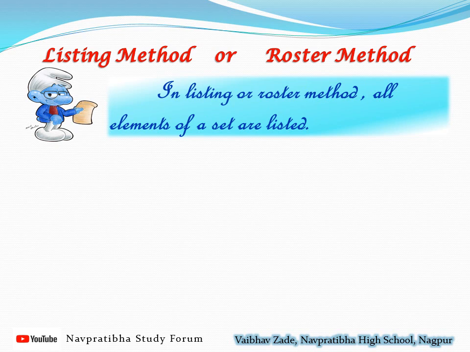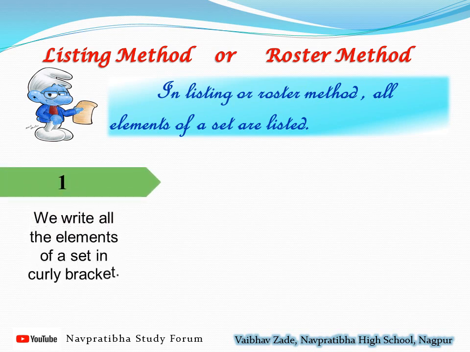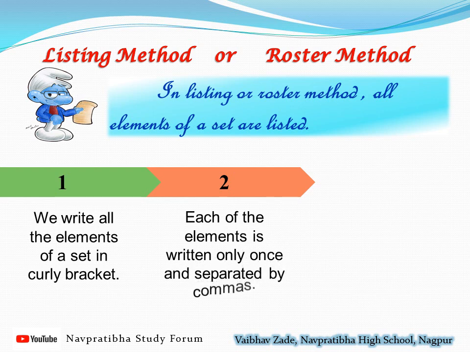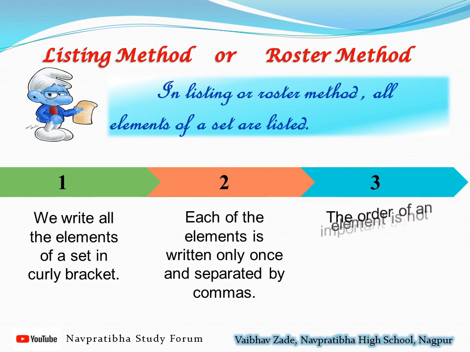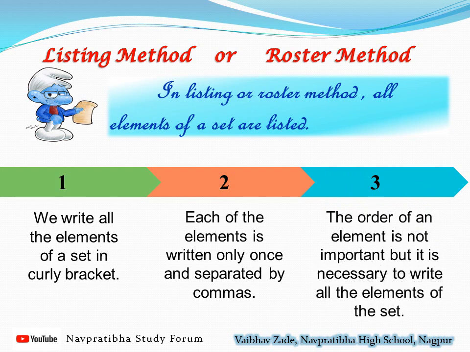So first we see some points. The first point is we write all the elements of the set in curly brackets, as we saw in an earlier video. Also, in the second point, each of the elements is written only once and separated by commas. The third point is the order of elements is not important, but it is necessary to write all the elements of the set.